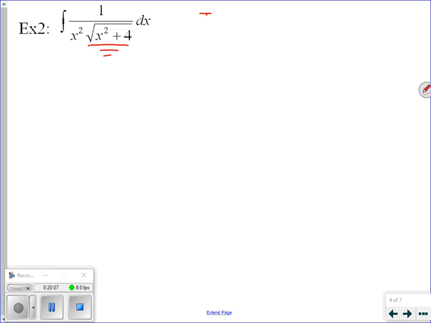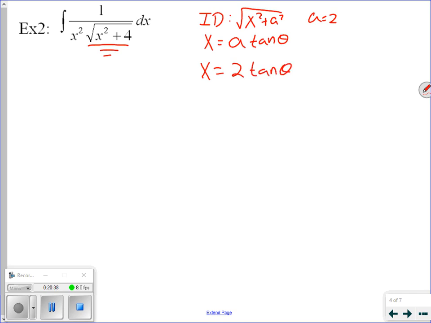So the identity that we have is the square root of x squared plus a squared, which if you check on your little chart, the trig substitution that we're going to end up using is x equals a tan of theta. Okay? So where a, I think we can see, is 2. So we have that x equals 2 tan of theta.